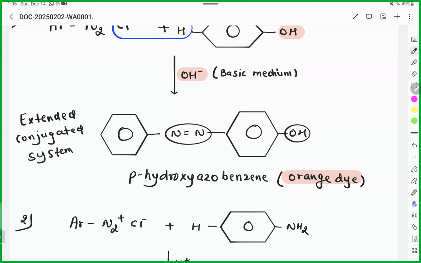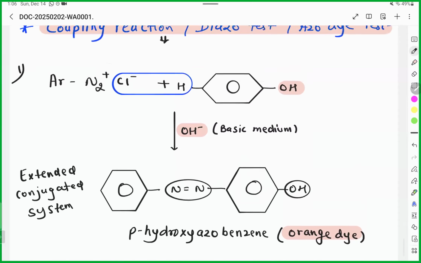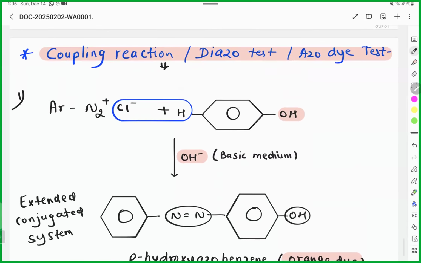There is resonance, and because of this resonance, it becomes stable and colored, and that's why it is used in dyes. Remember, in all this process, hydrogen will be removed from the para position, and this is an electrophilic substitution reaction because the positive species will attack here. So this is also important. I will write this is electrophilic substitution reaction, and your chapter is done.